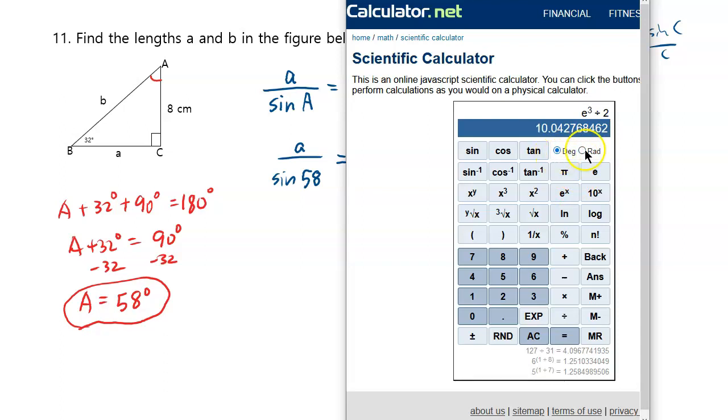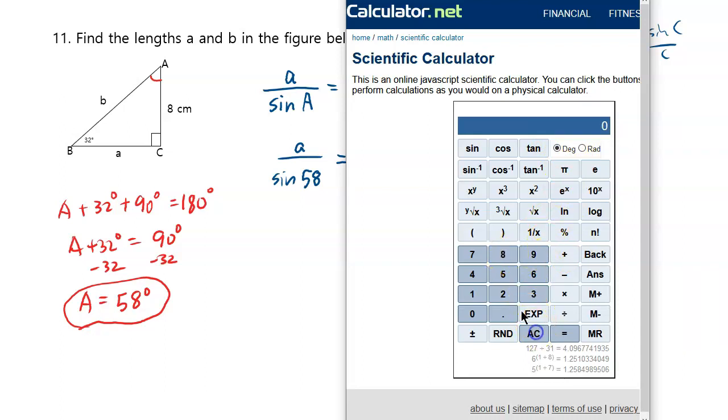We just have to know degrees and radians. Now, for these solving triangle problems, you only use degrees. So you have to make sure your calculator is in degree mode, or else all your calculation will be off. Okay, so what we're trying to do is 8 divided by sine of 32 degrees.